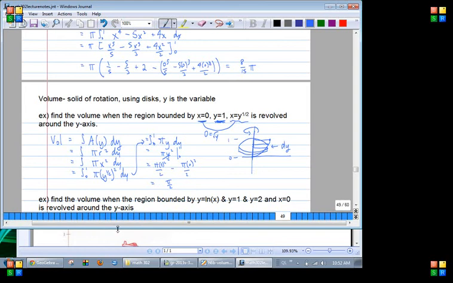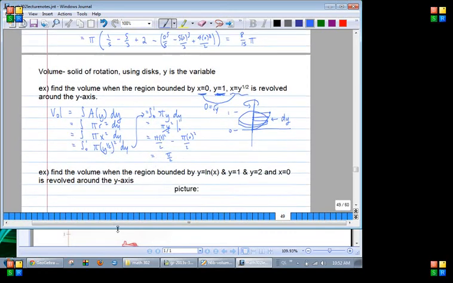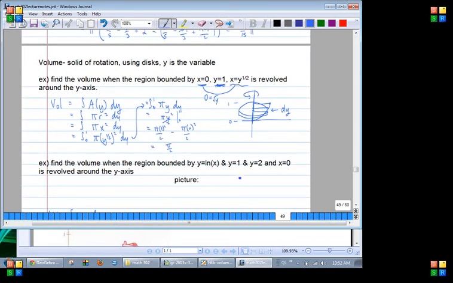Next. So the region bounded by y equals ln x, y equals 1, y equals 2, x equals 0, and that's revolved around the y-axis. So what do you do? Quick sketch. Quick sketch. See the boundary. Okay. So what does this look like?